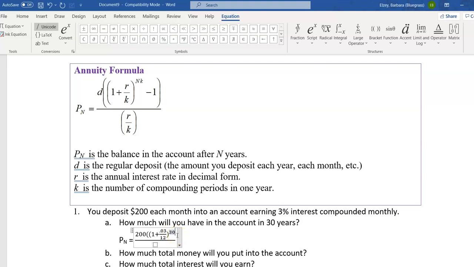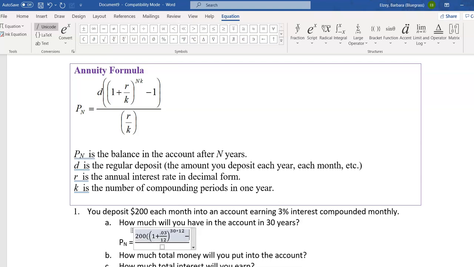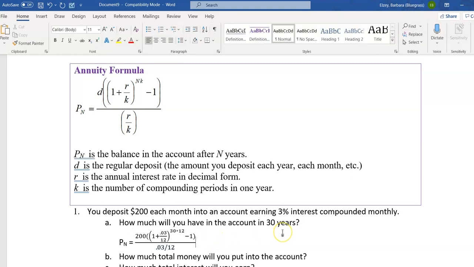So we've got 30 times 12 in our exponent. And then we want to subtract 1 and close our parentheses, just like the formula. Now on the bottom, we have R over K, which is really 0.03 over 12. All right, now we've got to work through this ugly, nasty formula. So let's do it a step at a time.